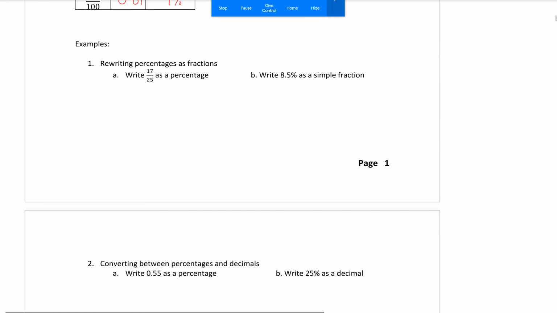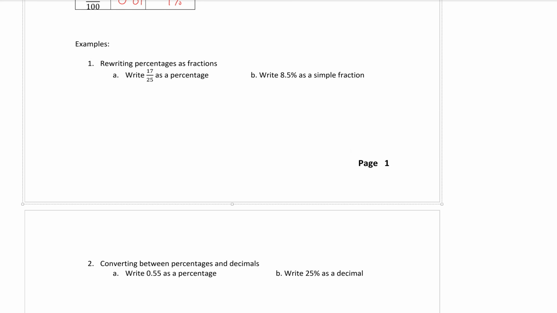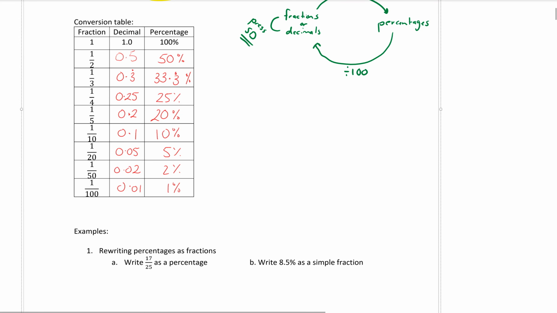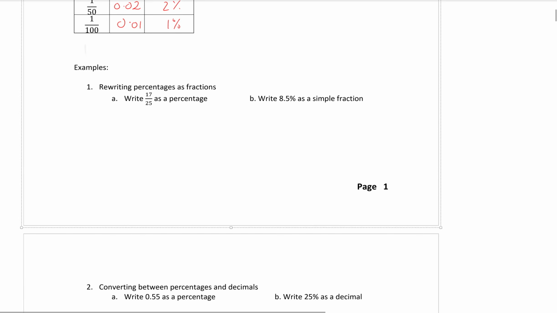All right, so question 1A. We want to rewrite these as fractions, and we want to write it as a percentage. So, using that diagram, I have a fraction, and I want to get to the percentage, which means I times by 100.